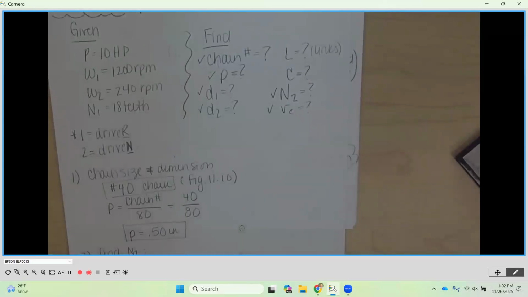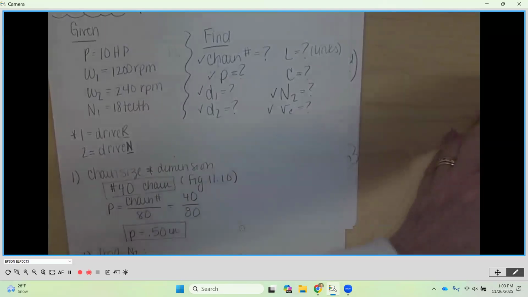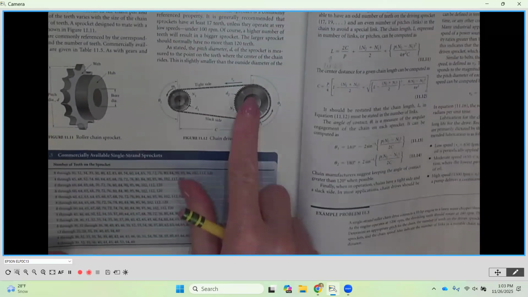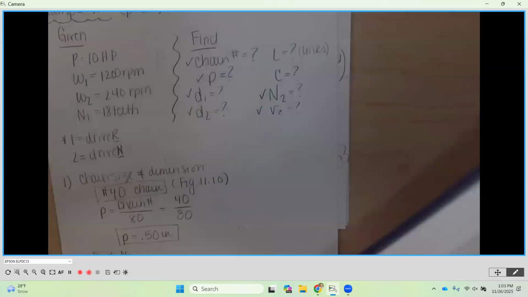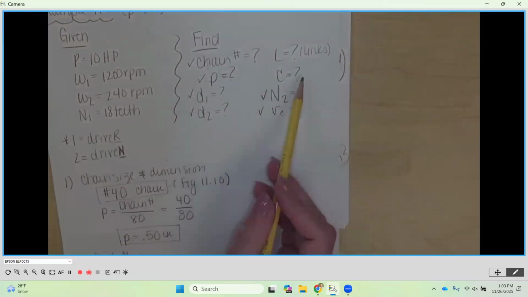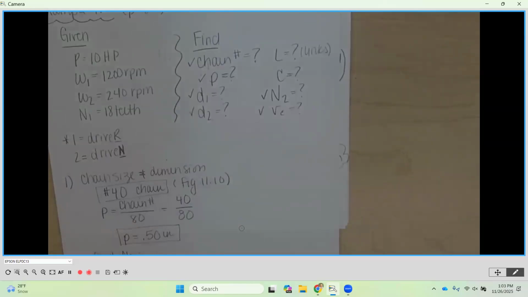Instead of measuring, for instance, I need 2 feet of chain, they don't measure out the chain and cut it. What they do is count the number of links that you need. So we're going to find out the length of that chain, which is how long it needs to be to go over the top of both sprockets, and we're going to specify it in how many links we have to count off of our spool. So that's going to be those units.